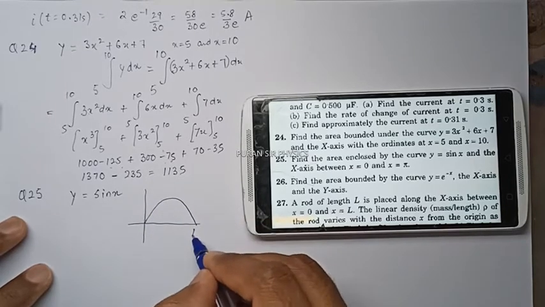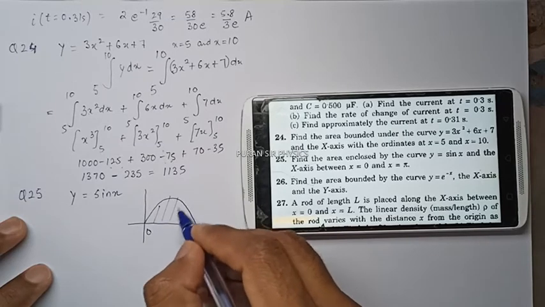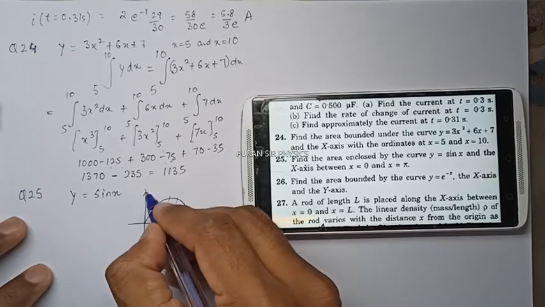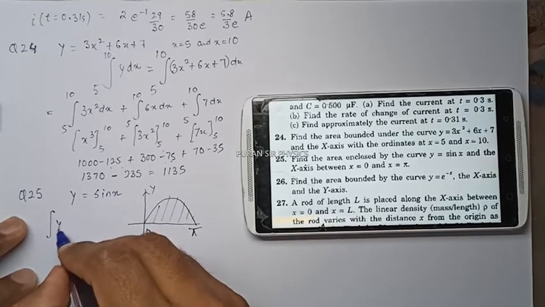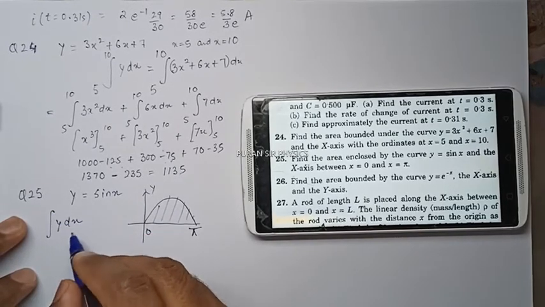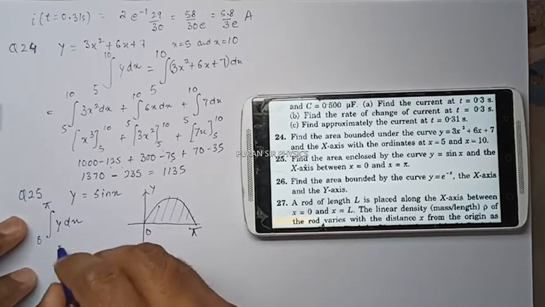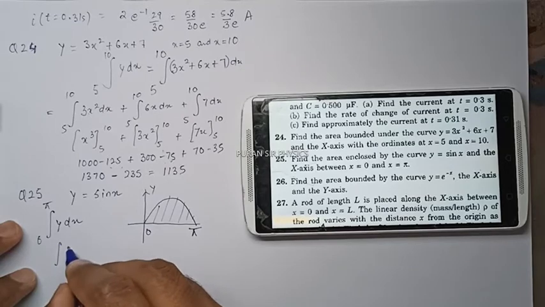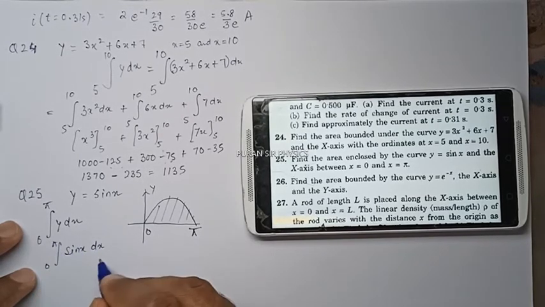So this is your pi and this is 0, so you have to find this area. Again, in order to find the area, we have to do integral of y dx, and the limit varies from 0 to pi, and it will be equal to integral of sin x dx from 0 to pi.